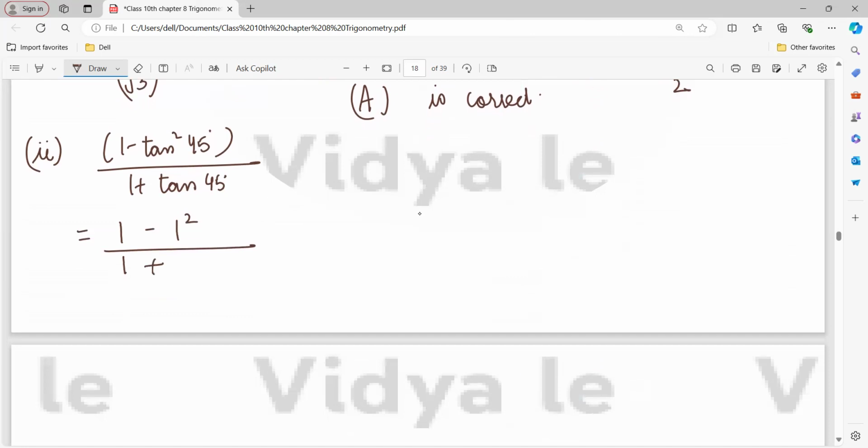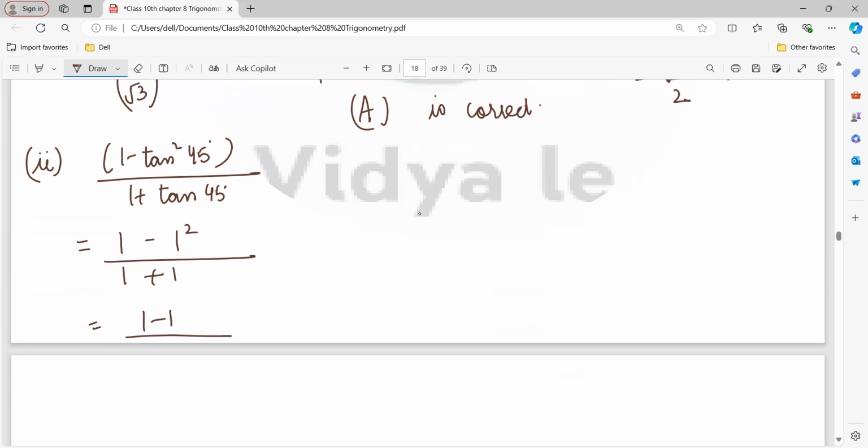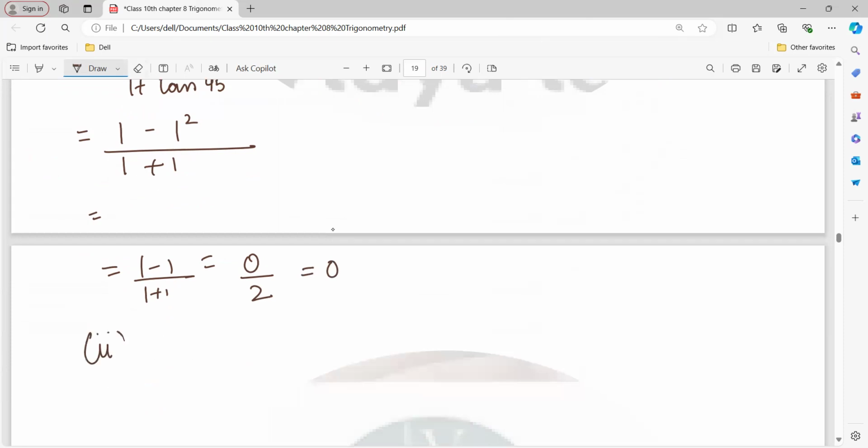So we'll get 1 minus 1 square upon 1 plus 1 square, that is 1 minus 1 upon 1 plus 1. So 1 minus 1 is 0 divided by 2. 0 divided by any number is 0. So in part 2, the answer we got is 0.